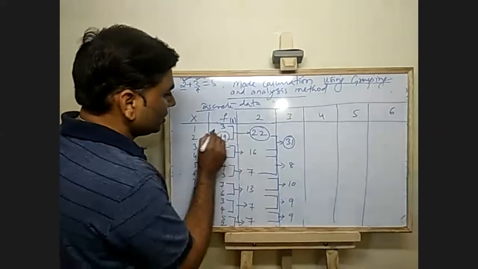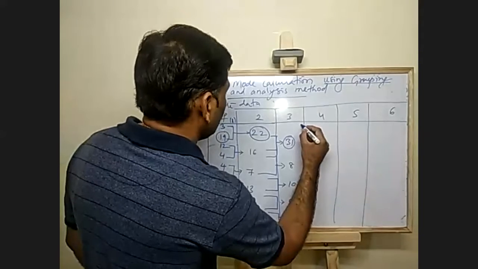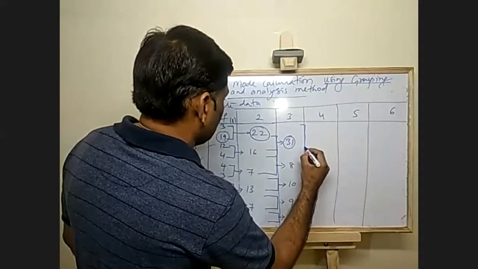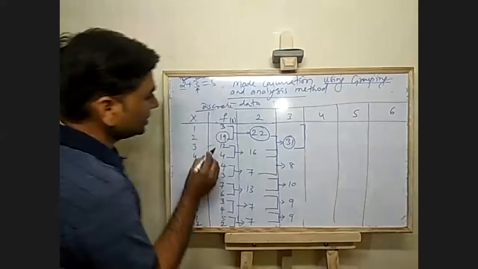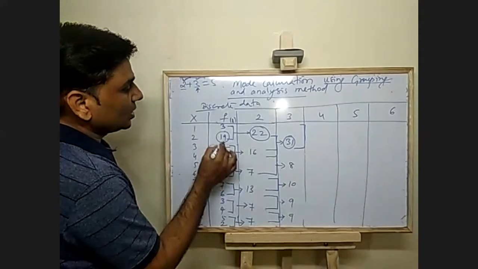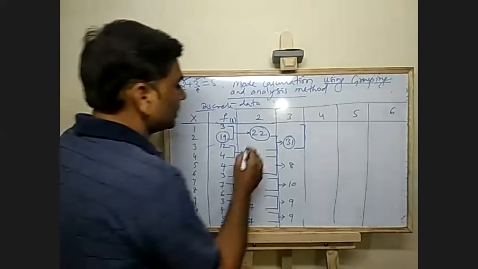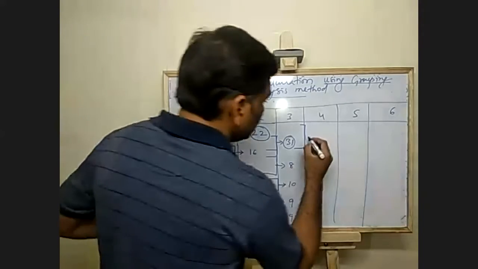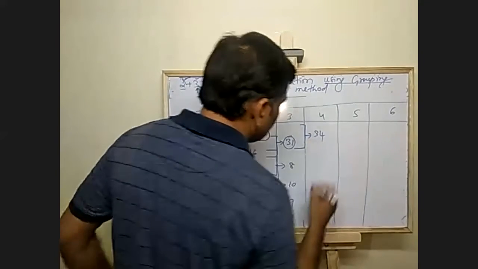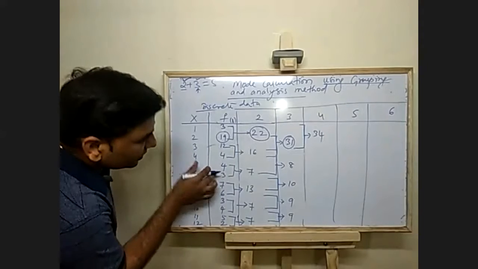Now here, first 3 numbers 1, 2, 3. How much is it? This is 20. This is 22 plus 12. So 32, 34. Okay. These 3 numbers are done. Next 3 numbers 4, 4, 3.